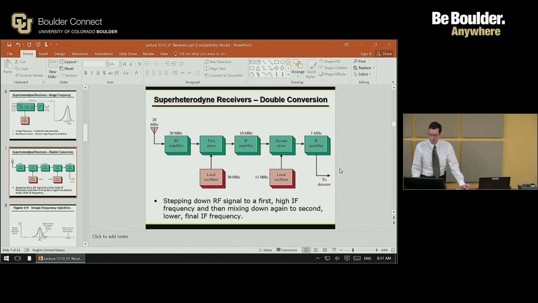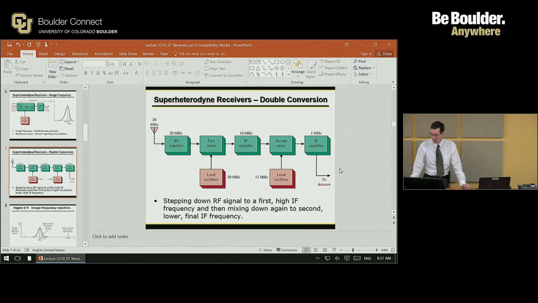So here's a figure of a superheterodyne receiver that has double conversion. And as you can see, you've got the RF amplifier that you expect to be there. Then there's the first mixer, and there's a local oscillator. That translates at once. And then you go through the IF amplifier, the intermediate frequency amplifier, and it goes into a second mixer.